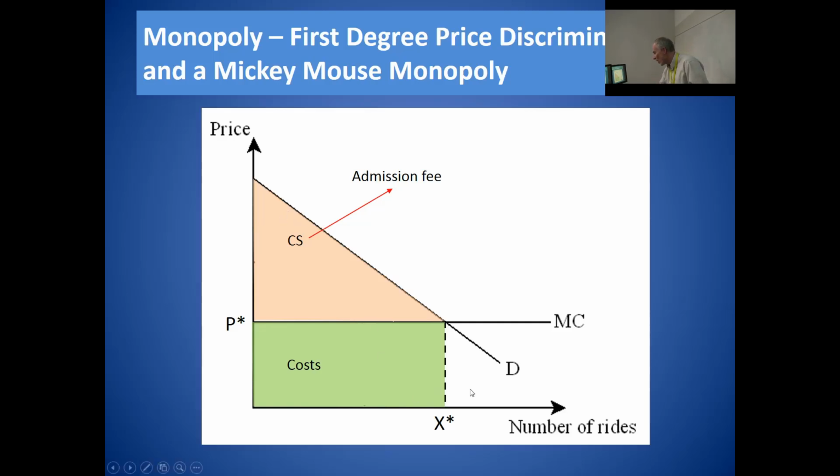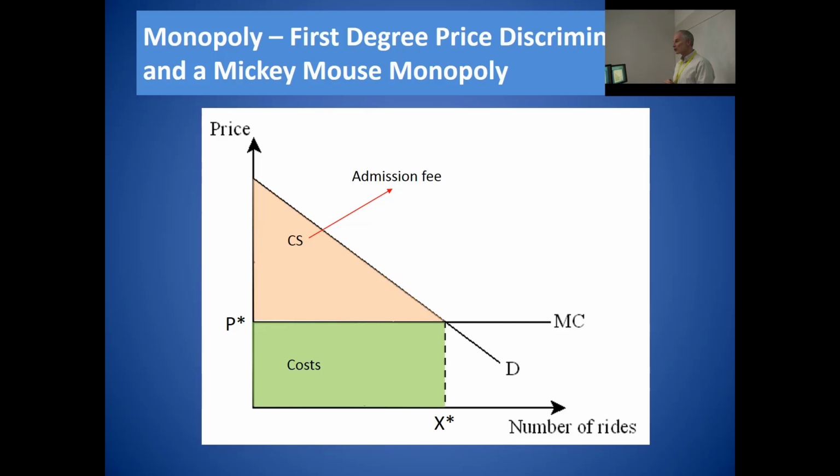And so, on X star rides, what do consumers get from this? What's the consumer surplus? There is none. The total amount that consumers pay is equal to their total valuation, or their total willingness to pay for those X star rides. Now, you might be looking at me and saying, hold on, theme parks don't do that. You don't pay a price to go in and then pay a price for each of the rides.